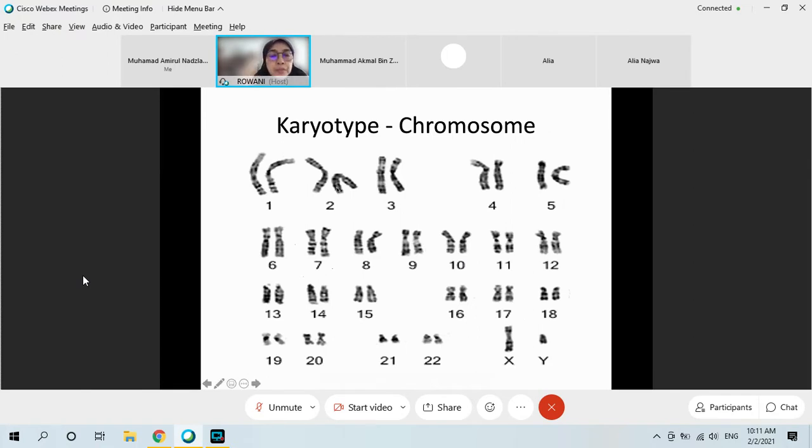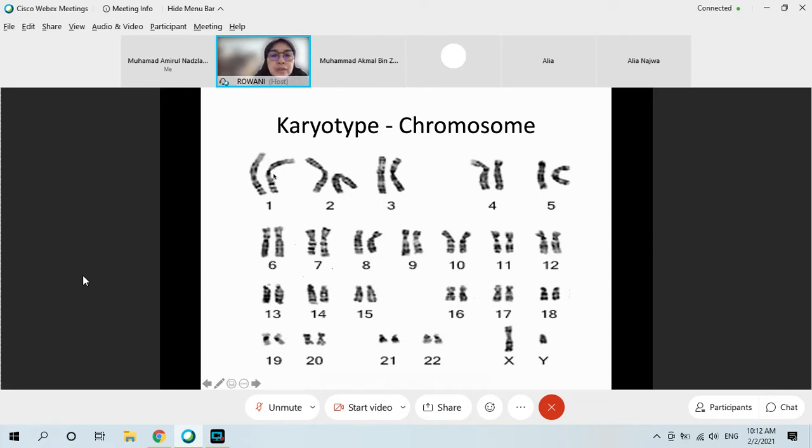Based on the location of the centromere, as well as the size of the chromosomes and the banding pattern that we see when you stain the chromosomes, you can recognize whether this is chromosome 1, 2, or 3. In fact, they are named chromosome 1, 2, 3 based on these three characteristics.